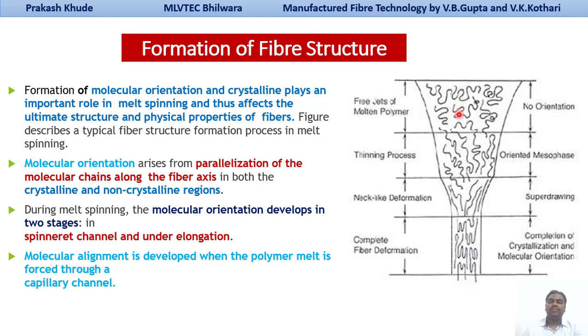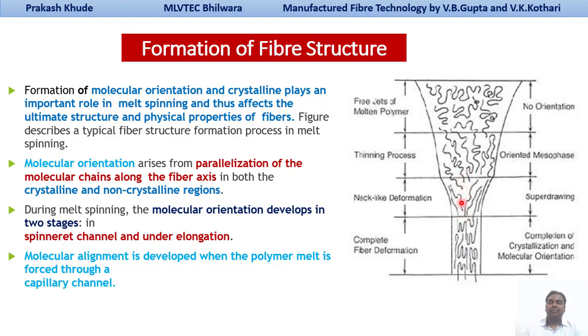After coming out of the capillary channels, they try to orient in the direction of the fiber by applying stretch along the fiber axis. This is the thinning process where polymers try to arrange in the direction of the fiber.